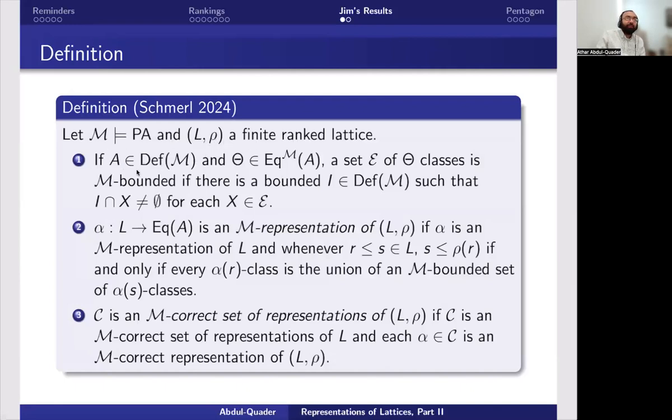If you have a definable set A and some definable equivalence relation theta on this set A, then we say a set of classes is M bounded if there's a bounded definable set in M that intersects each one of these theta classes.